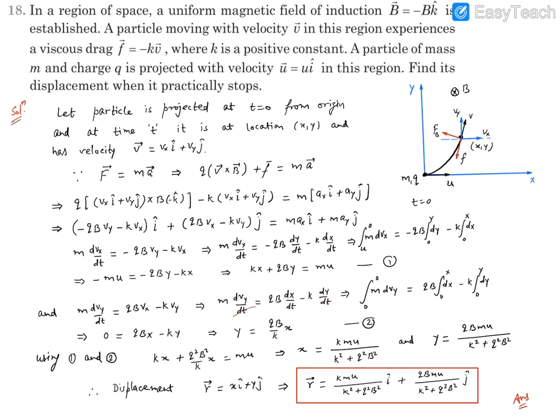Then dt will be cancelled out, and you'll have a differential equation which can be integrated. The velocity in the y direction was initially 0, and finally it should be 0 because the particle stops. The x coordinate runs from 0 to x, the y coordinate runs from 0 to y. Now the left hand side becomes 0, and here you will have qBx minus ky. So from here we have y as a function of x, which is qB upon k into x. That's the second relation.